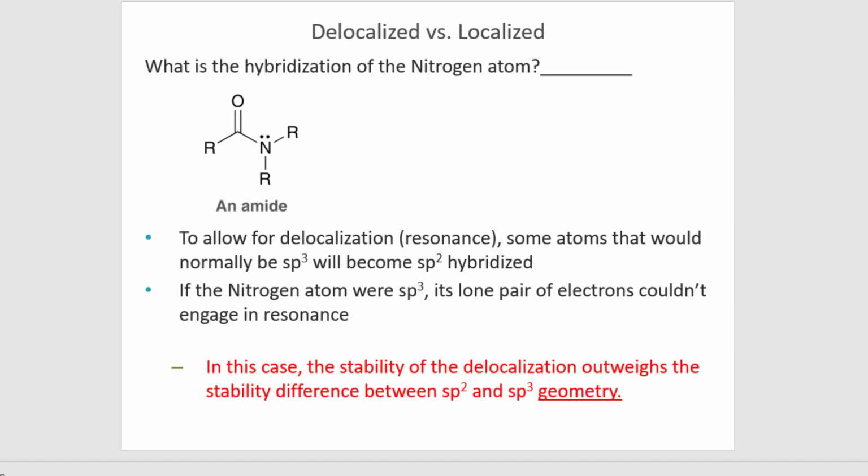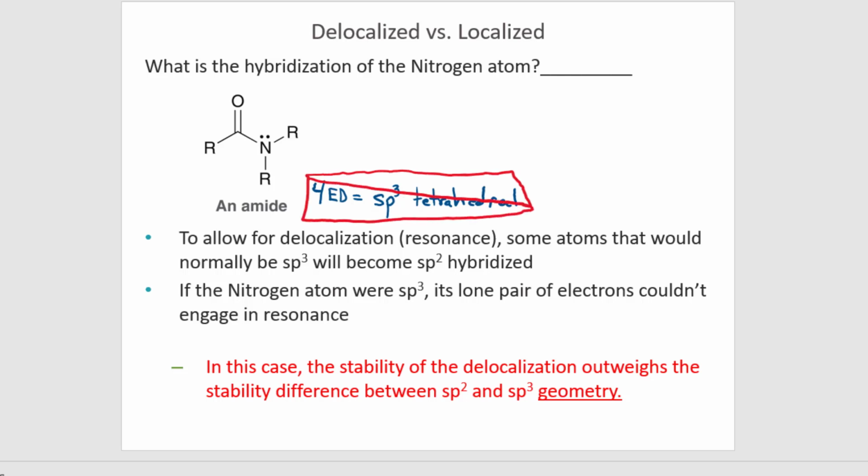So what is the hybridization of this nitrogen atom? If you were just finishing chapter 1 and I asked you for the hybridization of the nitrogen atom, you would tell me, fresh out of chapter 1, you'd say it has 4 electron domains. So therefore it has to be sp3 tetrahedral. And then I would say, now after chapter 2, that answer is wrong.